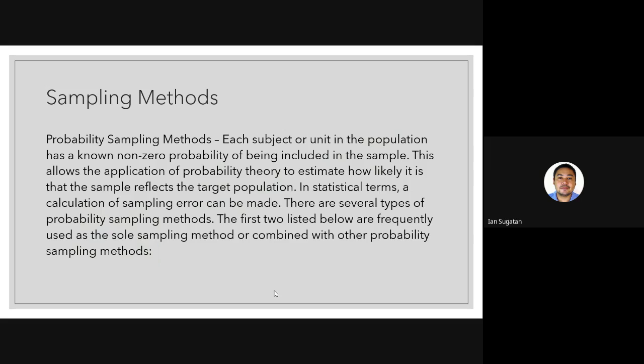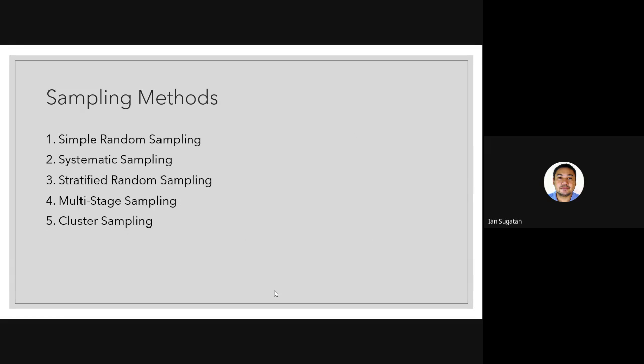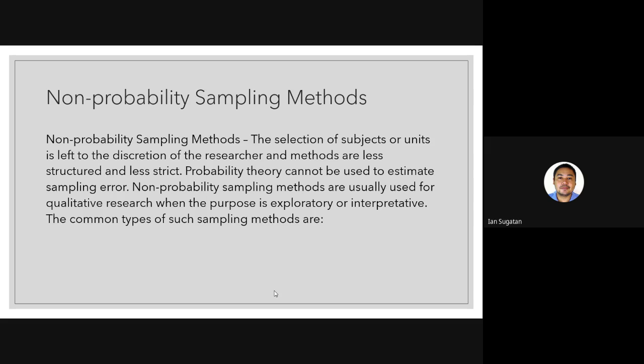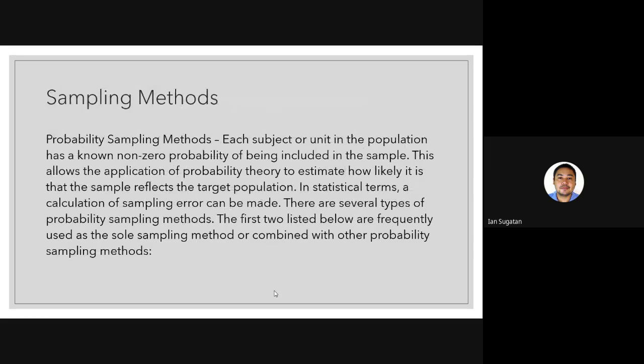For the sampling methods, we have the probability sampling methods, and the other one is non-probability sampling methods. For probability sampling methods, each subject or unit in the population has a known non-zero probability of being included in the sample.